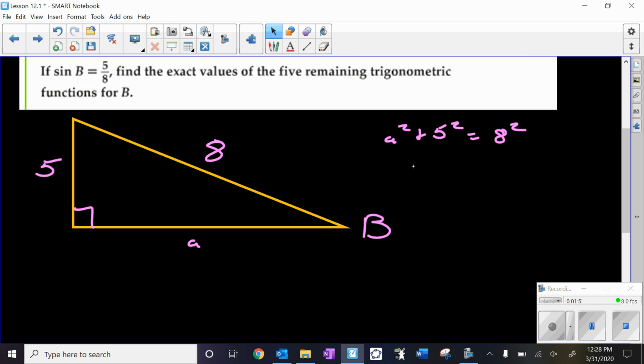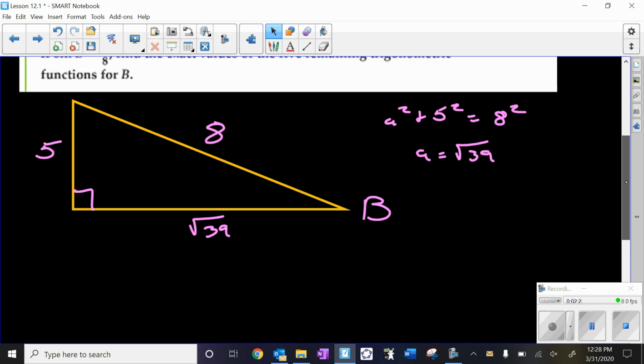And when we solve this, we would get A being equal to the square root of 39. And I don't want a decimal, so I'm going to leave it as the square root of 39 in this case. So now I'm going to get rid of this A, make that square root of 39.